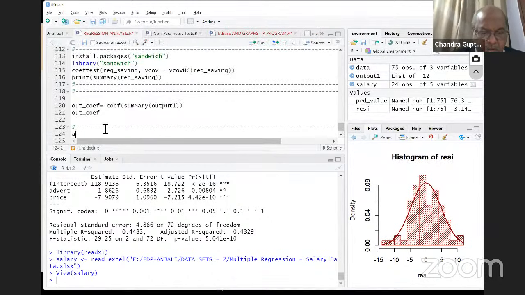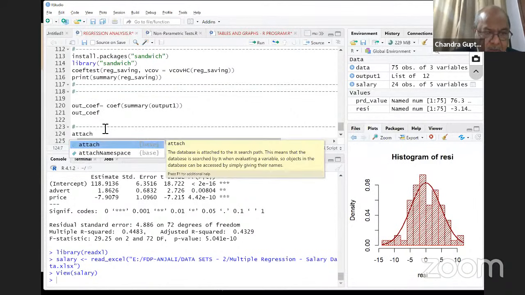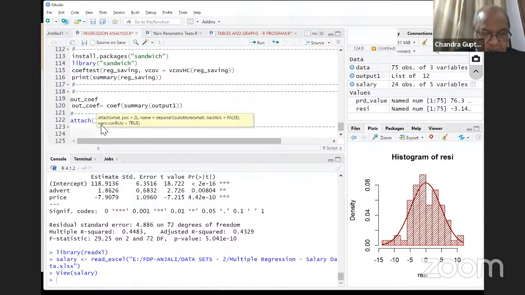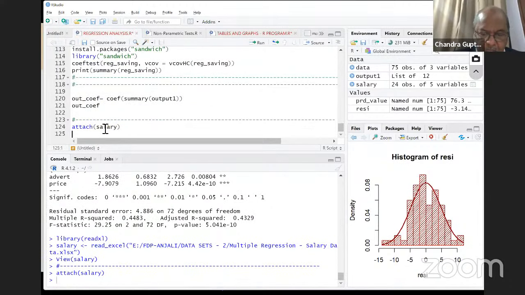Then I attach salary, then output 1, lm.